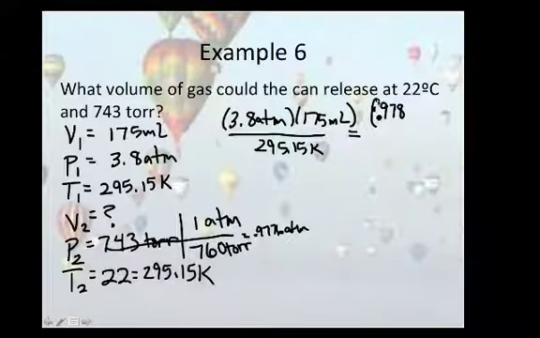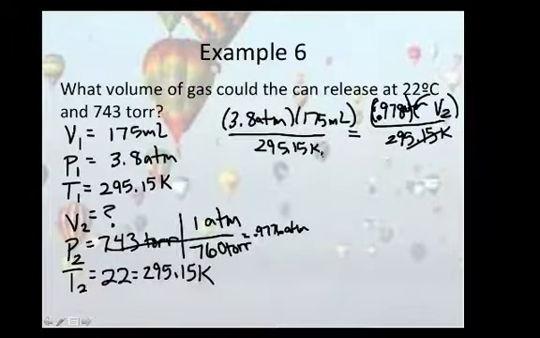Why is my decimal point so high up? Getting all out of control. That's in atmospheres, and my V2 is what I'm trying to find out. And my temperature is still at 295.15 kelvins. So in my math, I can simplify this by getting rid of the temperature. And then to find V2, we multiply these together, right?